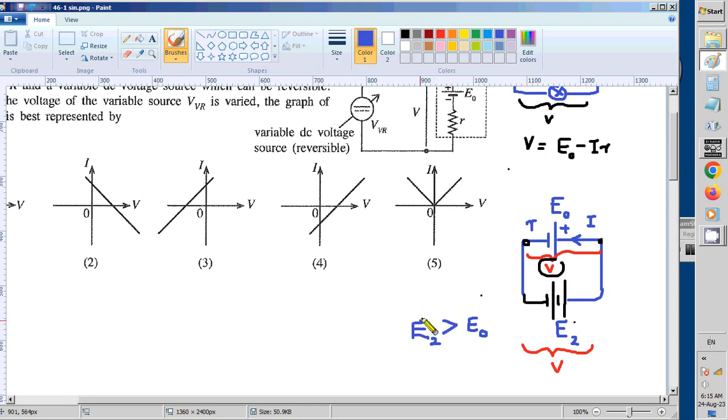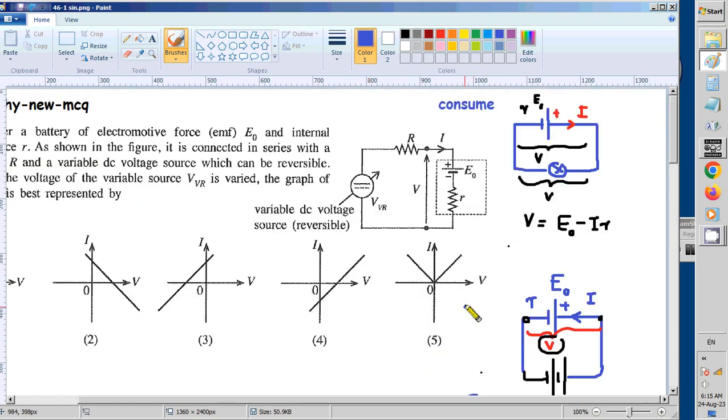So the external power supply must be stronger than this battery. Therefore this V must be greater than this E naught, because the battery is being charged. So V must be greater than E naught.